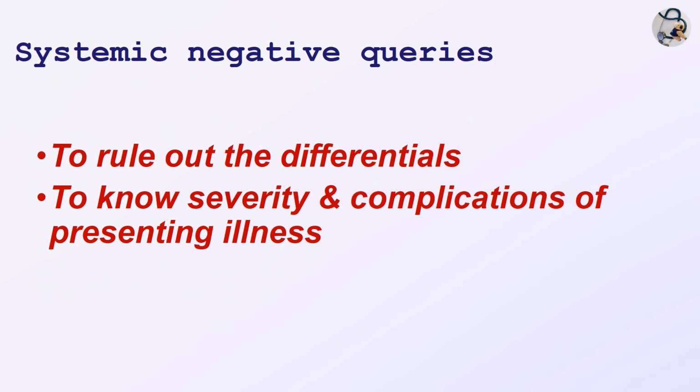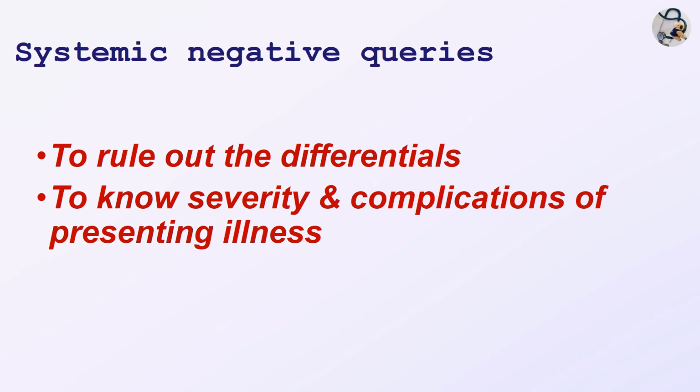Then you ask some negative queries. Negative queries and systemic reviews, you are usually giving leading questions. But when you are talking about the history of presenting illness, elaborating the complaints, you are not supposed to give any leading questions to the parents or guardians, to the informant.